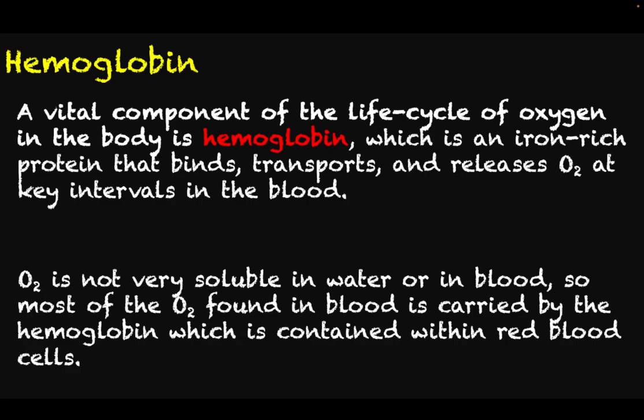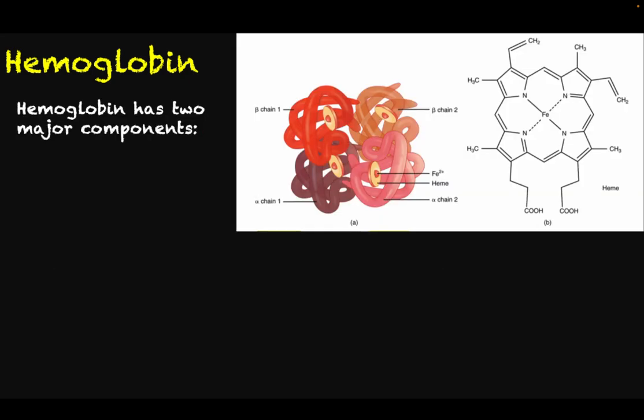Now, there is a little bit of free oxygen dissolved in the blood, but most of the oxygen in the blood, over 95% of it, is carried around by hemoglobin. And that hemoglobin is contained within red blood cells. Red blood cells basically are just big floating bags that are full of hemoglobin, and that hemoglobin is capable of carrying a lot of oxygen.